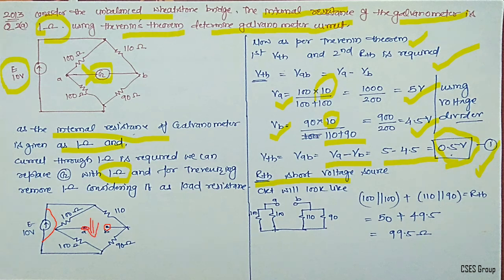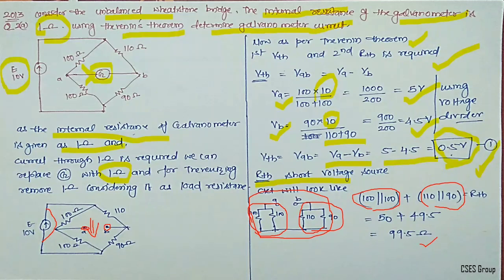If you see the circuit from these two terminals, it will look like this. This 100 and 100 are in parallel with each other, and this 90 and 110 are in parallel with each other. Then RTH comes out to be 99.5 ohms.